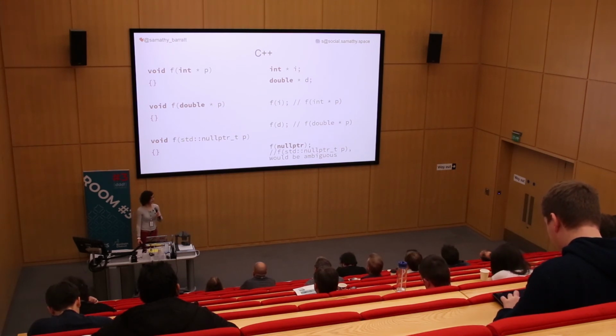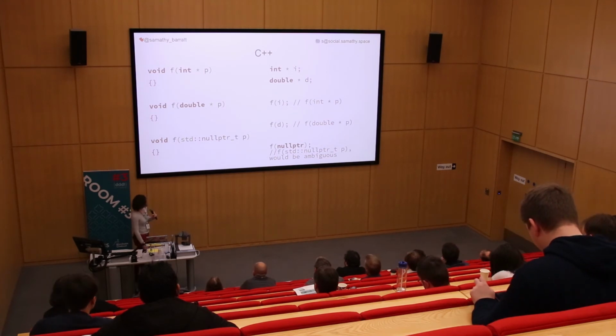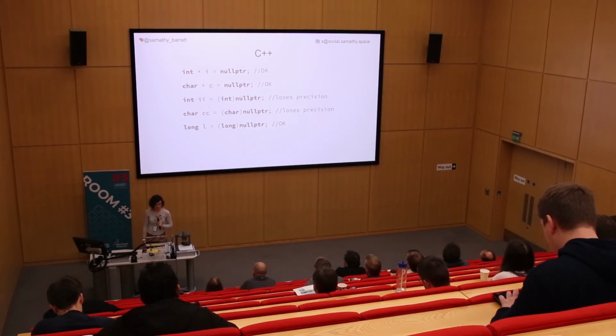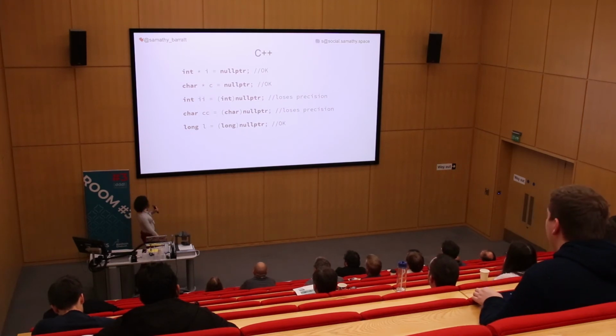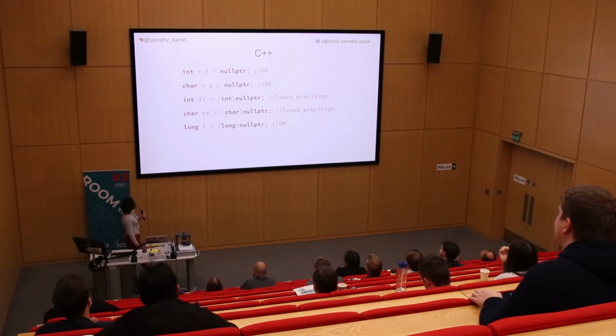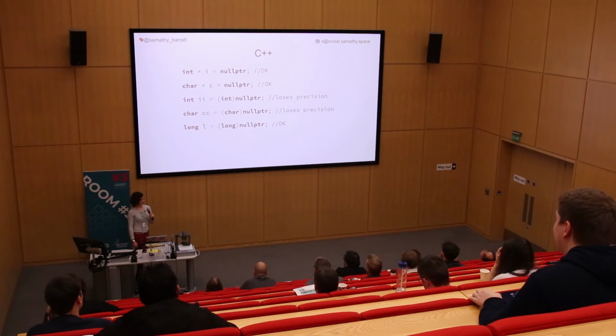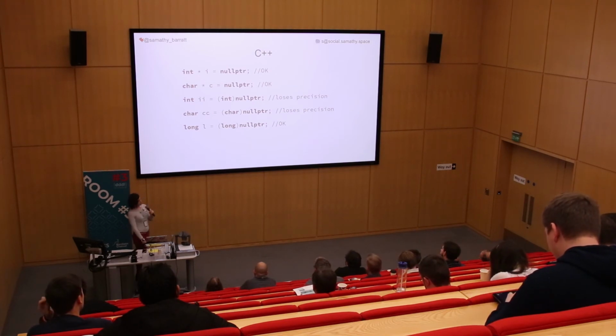It's different to everything else, really, because you have access to that type and you can define functions that take those types. C++'s null pointer can be implicitly converted to any other pointer type. That makes sense. Any pointer can be a null pointer. Cool. And you can try and explicitly cast it, but your compiler will probably complain at you unless you turn it off.